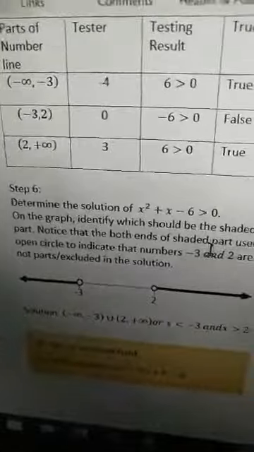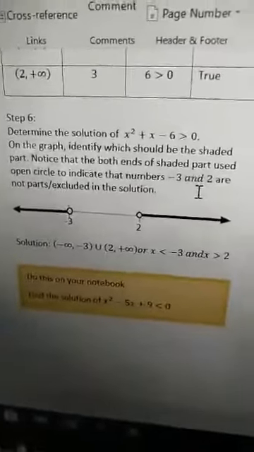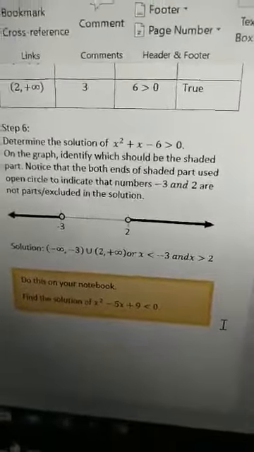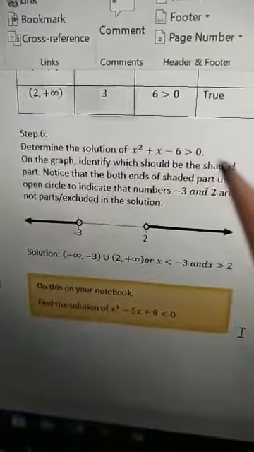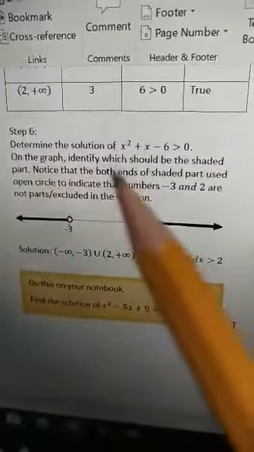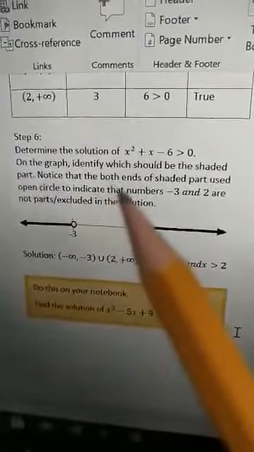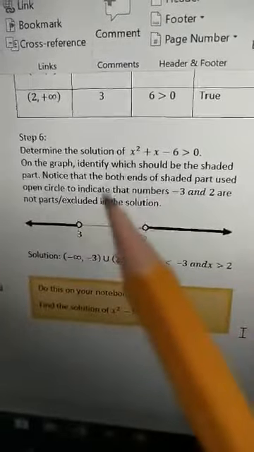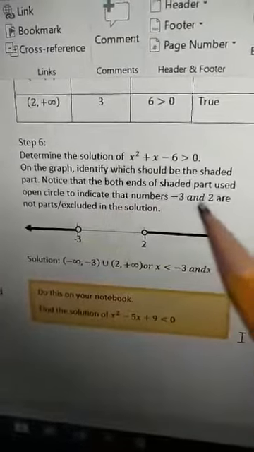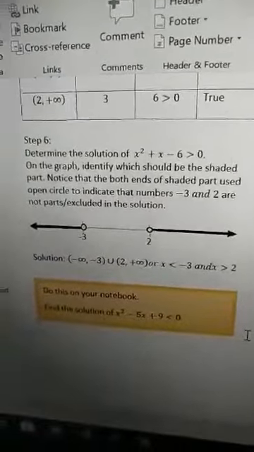Let's see our step 6. Determine the solution of x squared plus x minus 6 is greater than 0. On the graph, identify which should be the shaded part. Notice that both ends of the shaded part use open circles to indicate that the numbers negative 3 and 2 are not part of the solution.